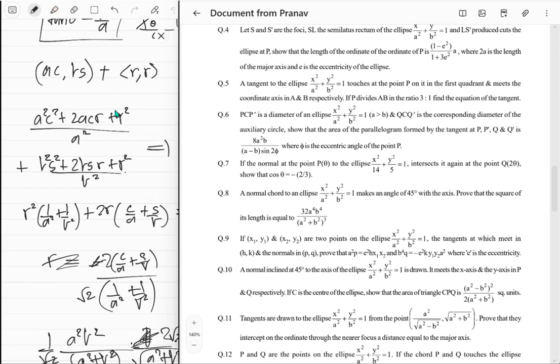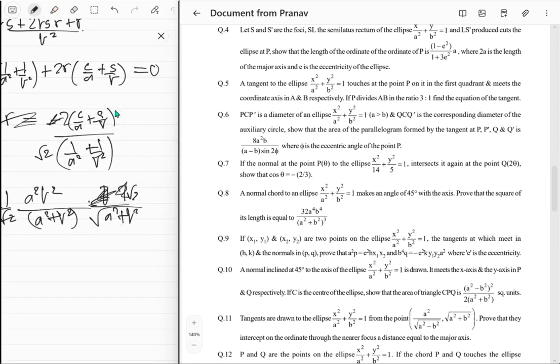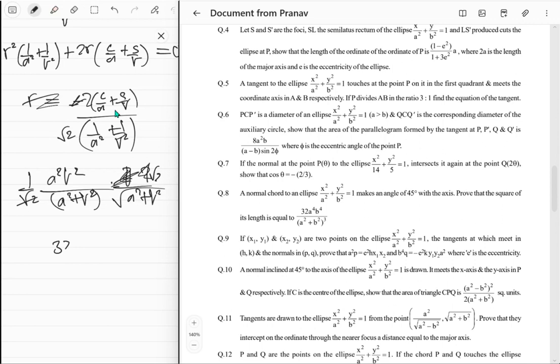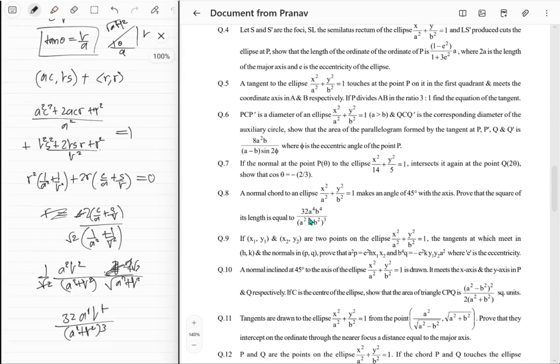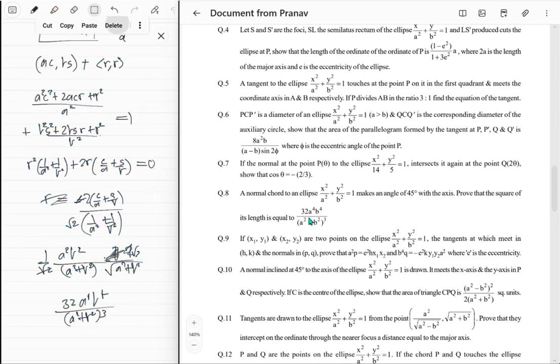We should just have r upon square root 2. That will be the thing. Oh, no, sorry. r times square root 2 is the length of the vector, right? We should have this times square root 2. Okay, that's supposed to be 4 square root 2 in that case. Oh, yeah. So then it's 32 a power 4 b power 4 upon a square plus b square power 3, right? Which is what we want. Yeah, exactly. Okay, next question. This is done.